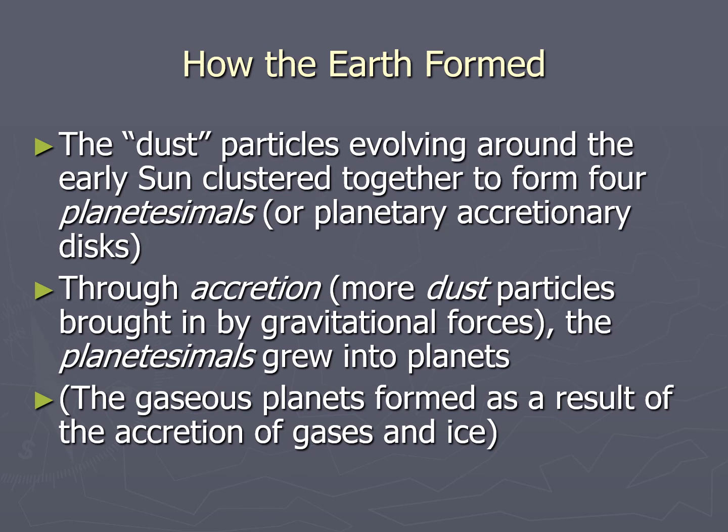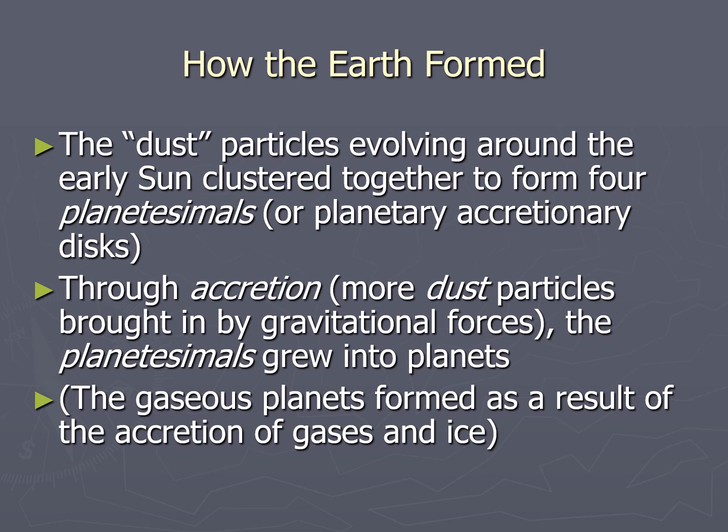Okay, so how did our beautiful planet Earth form? So these rocky particles, space dust, that were trapped in orbit around the early sun, these particles came together with gravity, and they formed planetesimals, or planetary accretionary disks.